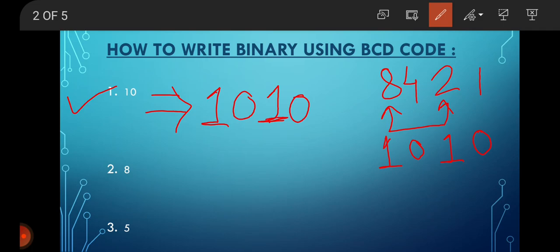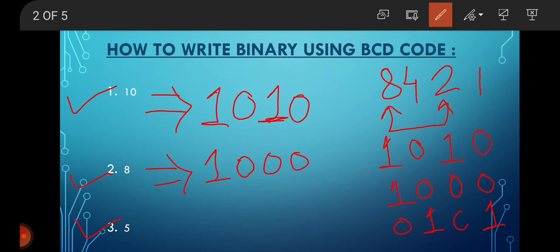Then decimal 8. Therefore if we put this 8 as 1, this is 0, this is 0 and this is 0, we get the decimal 8. Therefore this implies binary 1000. Then for decimal 5, we can put this 4 as 1 and this 1 as 1.